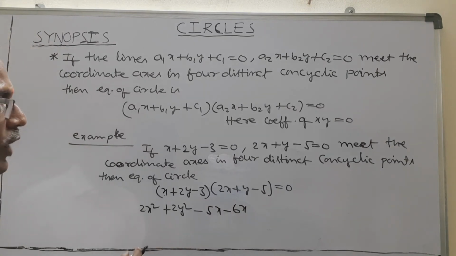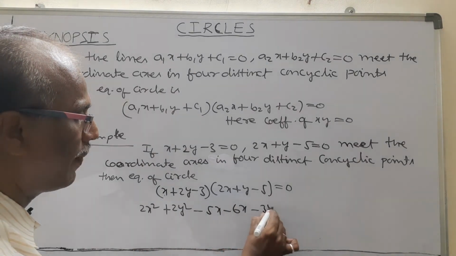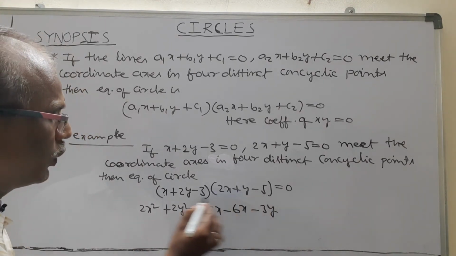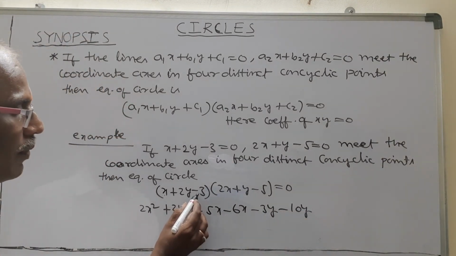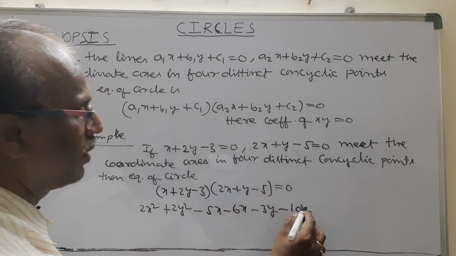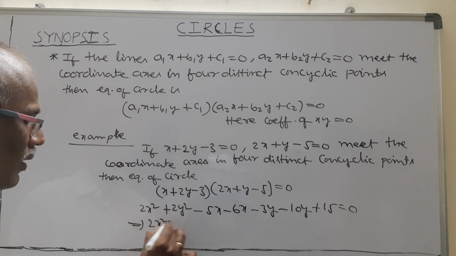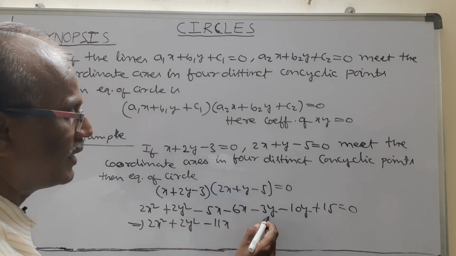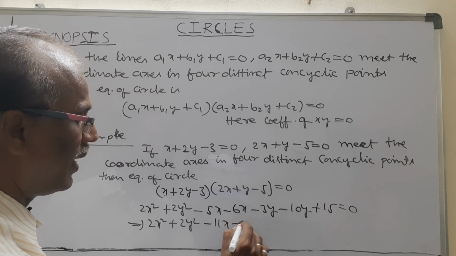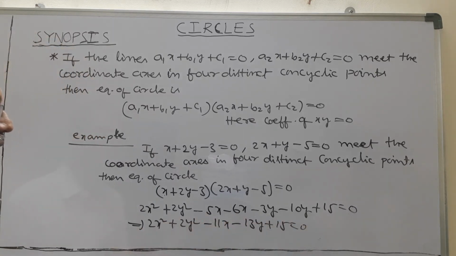Next, multiply the y coefficient: −3 into y, −3y. Next, −5 into 2y, −10y. Next, multiply the constant terms: −3 × −5 = +15. So 2x² + 2y² − 5x − 6x = −11x, −3y − 10y = −13y, plus 15 equals 0. This is the equation of the circle.